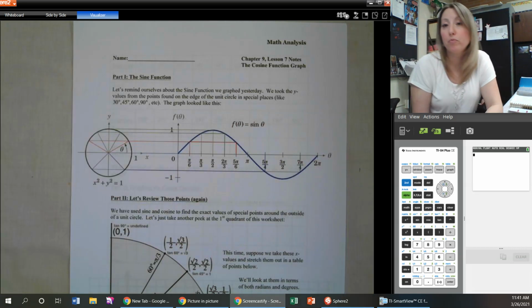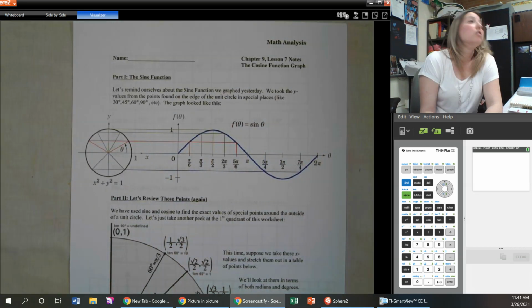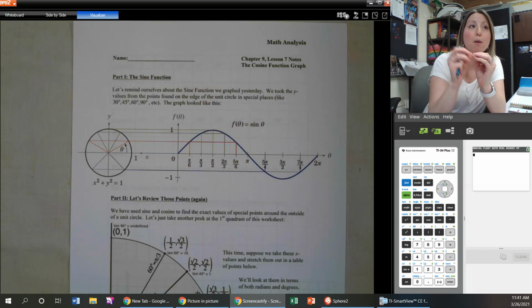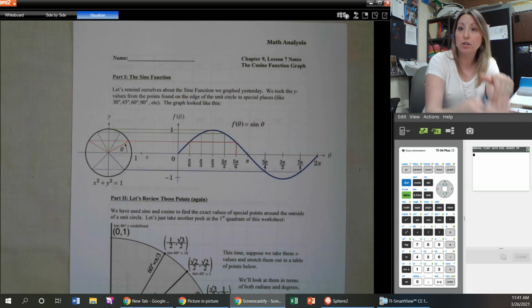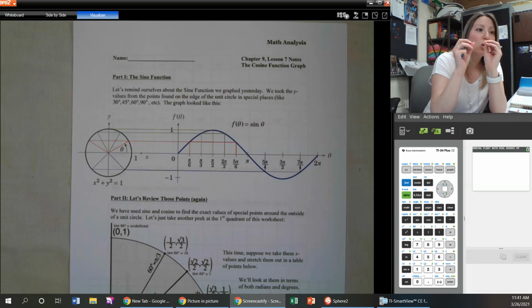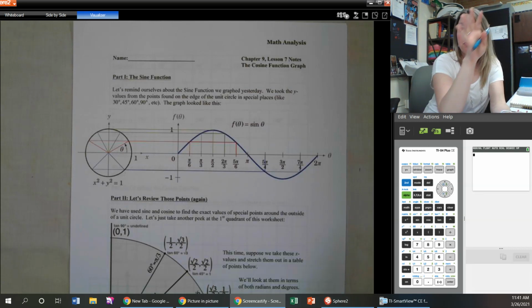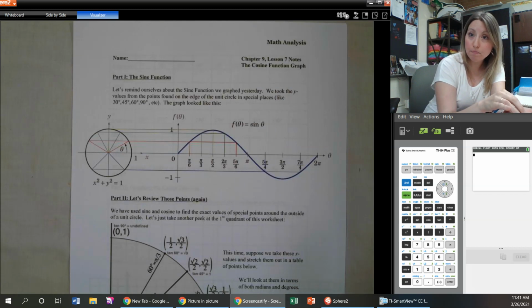Now today, we're going to do that for cosine. It seems a little confusing at first, but you have to remember what you're doing in your coordinate plane. You are taking the angle measure at each of the specific points around the unit circle as your x value.